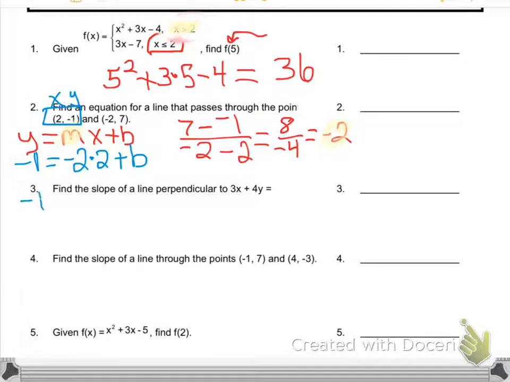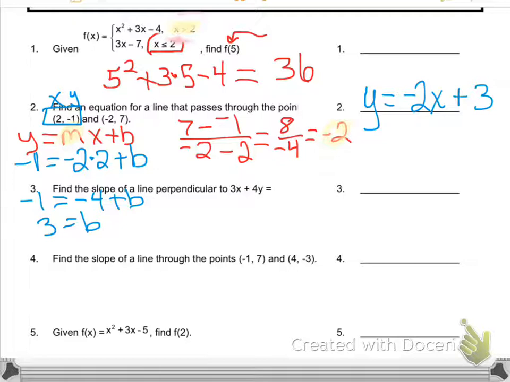If I go ahead and solve this, I get negative 1 equals negative 4 plus b. When I add 4 to each side, I get 3 equals b. So my final equation is going to be y equals, and I'm only going to plug in my m and b values. So negative 2x plus 3.